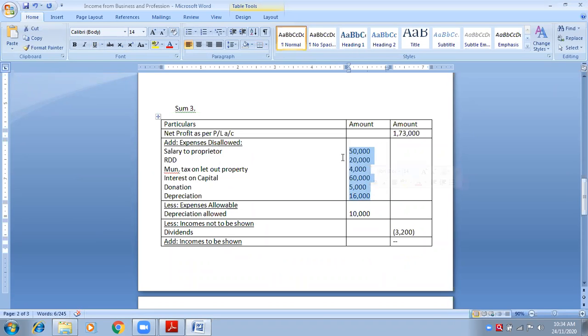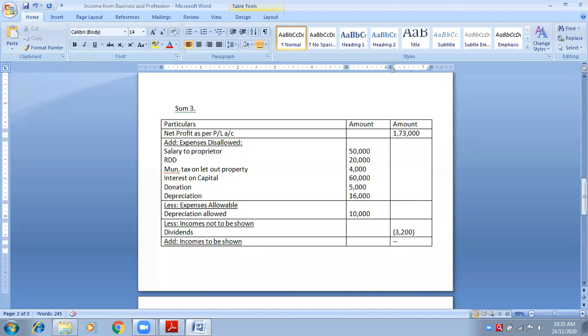So can you tell me the total of the highlighted part? 50,000 plus 20,000, 4,000, 60,000, 5,000 and 16,000. So what is the total of all these expenses of the inner column?